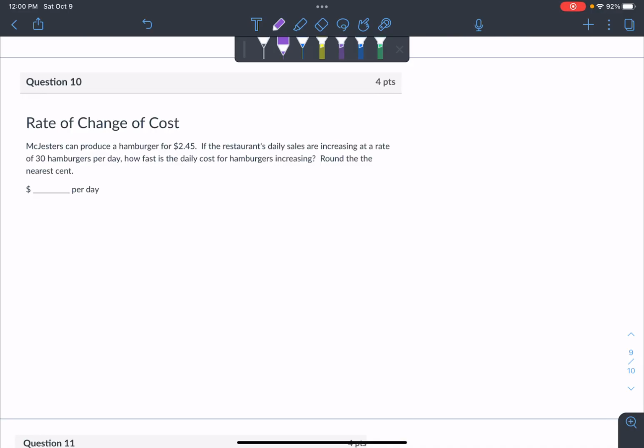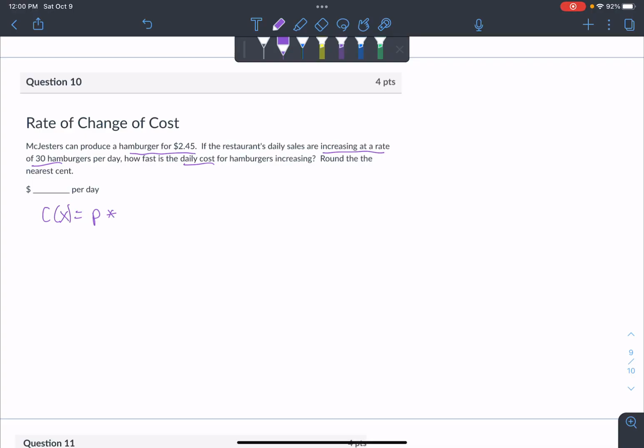Okay, so here we have a rate of change of cost. We know that we can produce 1 hamburger for $2.45. If our daily sales are increasing at a rate of 30 hamburgers per day, how fast is daily cost increasing? So my cost function, this is equal to my price times how many hamburgers I sold.